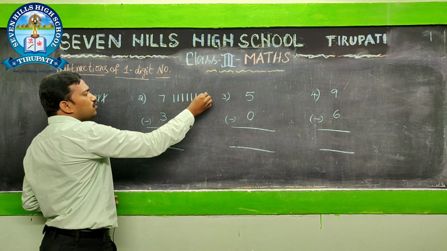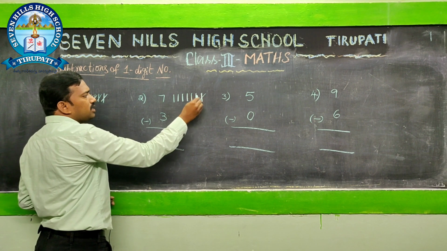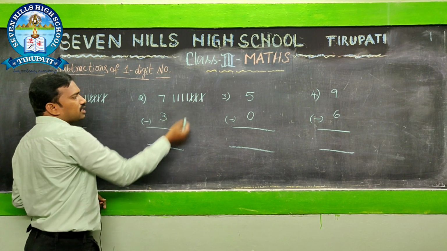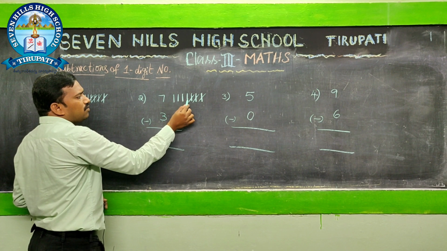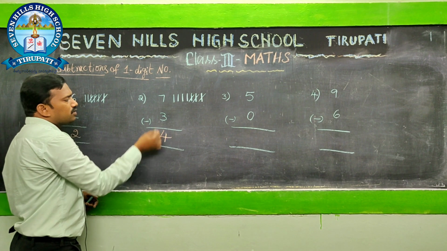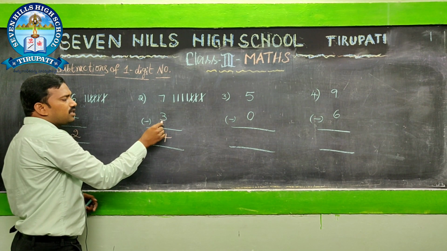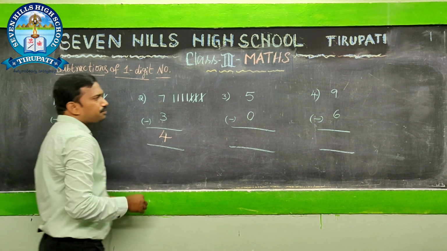So we strike out 3 lines: 1, 2, 3. Then what is remaining? 1, 2, 3, 4. So 4 is the answer. 7 minus 3 is equal to 4.